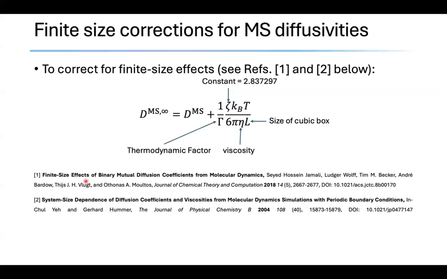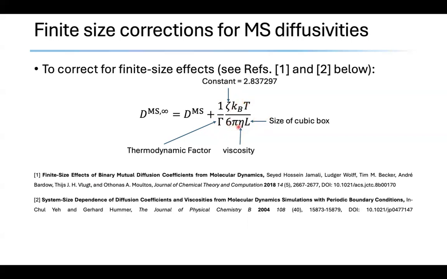Just like how finite size effects affect Fick diffusivities, finite size corrections also affect Maxwell-Stefan diffusivities. The equation for the Maxwell-Stefan diffusion coefficient in the thermodynamic limit is shown here, where the correction is given by this term.